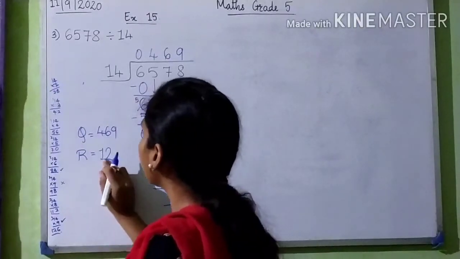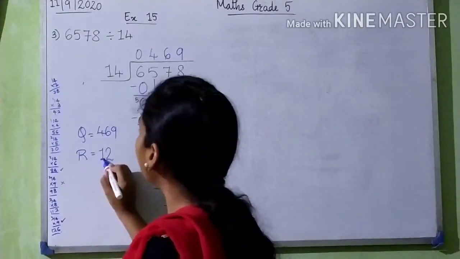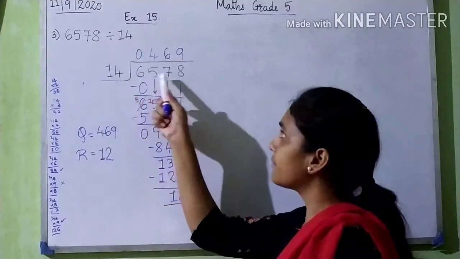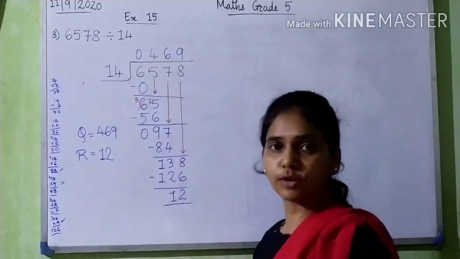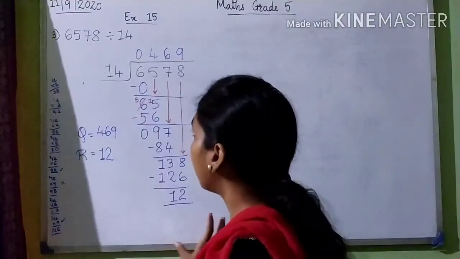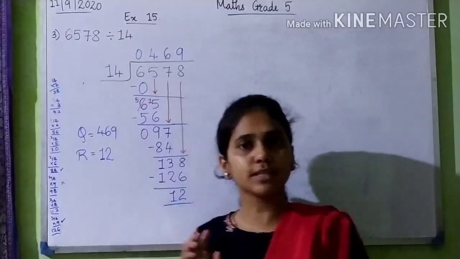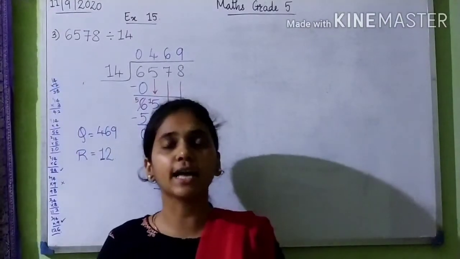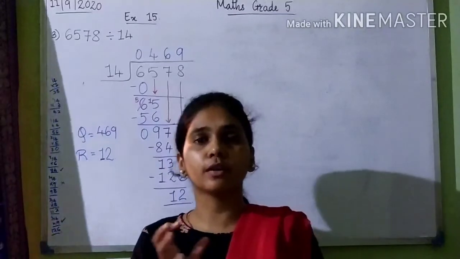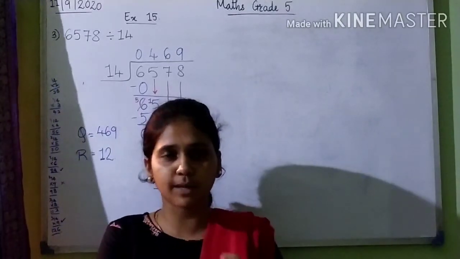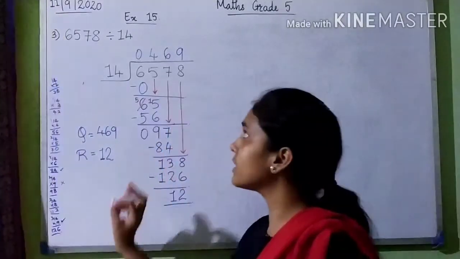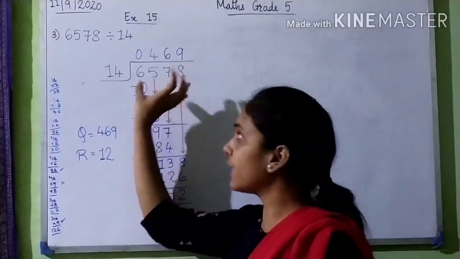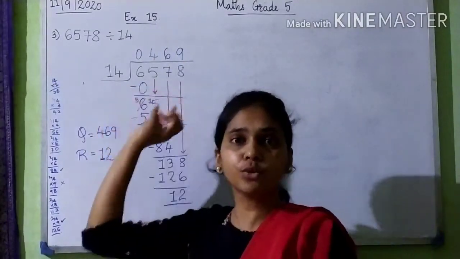So this is the division of 6578 divided by 14. This is very simple. The procedure is similar to division of a smaller number by another smaller number. Here the only difference is that the numbers are big and you are doing the division by a 2-digit number.